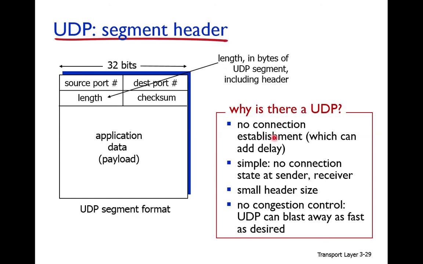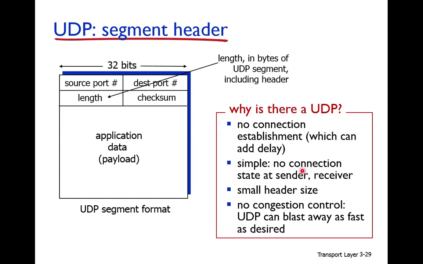Why? Because in TCP there is a delay to establish a connection. After the connection is established, then you can exchange data. So UDP removes this delay. The connection establishment delay is removed, so it will be faster.